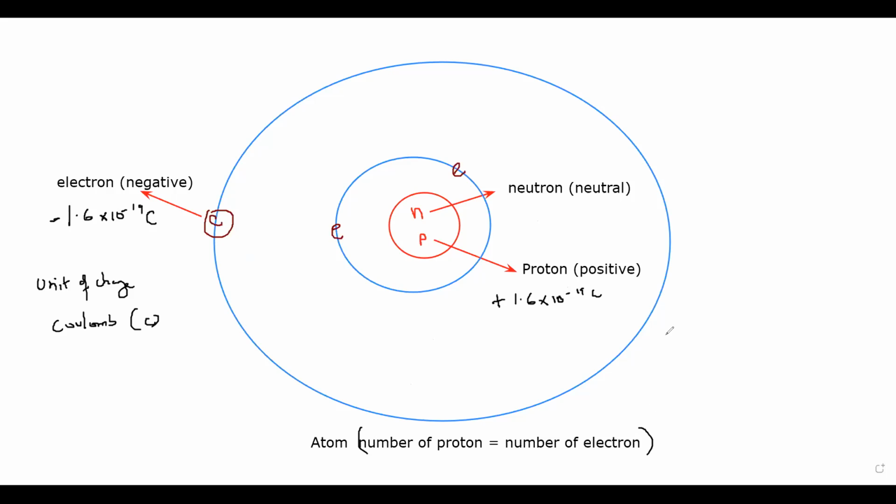But what will happen when an atom loses an electron? As the atom loses an electron, it will have more protons than electrons, because electrons in the shell can be easily lost or gained by the atom.